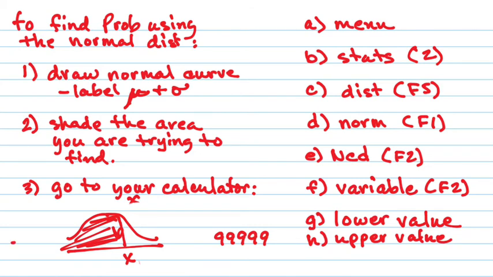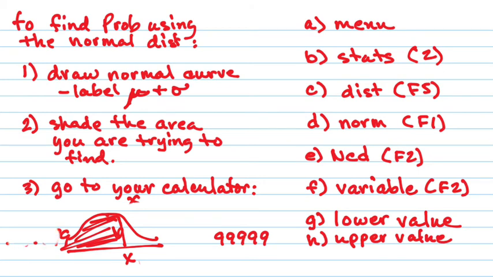So to indicate that, what we're going to do is we're just going to use negative 99999. Okay? So negative 99999 to indicate that we're going to the left. So do you see that if they don't give you any boundaries, then if it's to the right, you're going to use positive 99999. To the left, you're going to use negative 99999. And again, that's just so that you capture all the information. You could use a smaller number, but just make yourself sane.